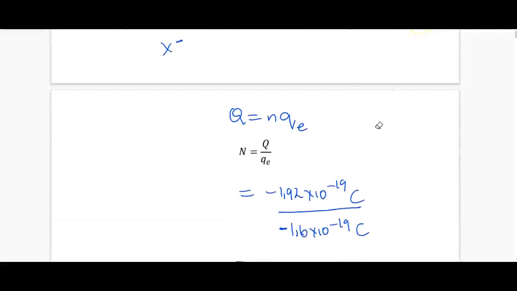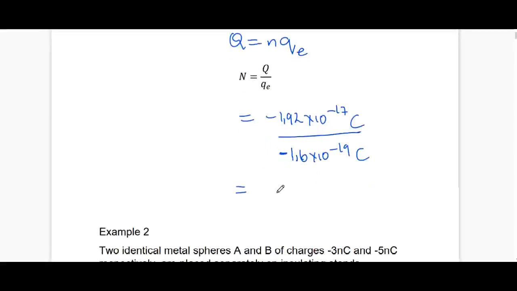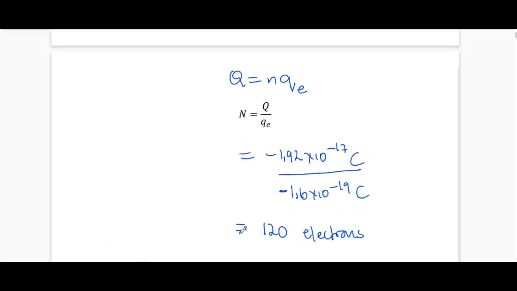It's not 19. I made a mistake here. It's 17. So it gives me a total number of 120 electrons. Okay, 120 electrons. So this is a number.